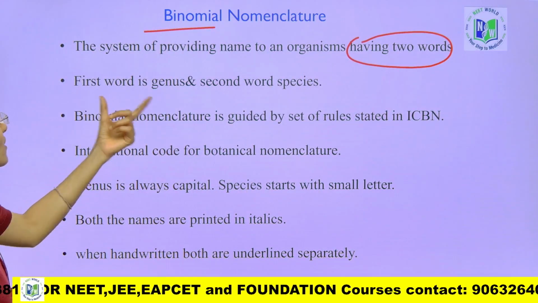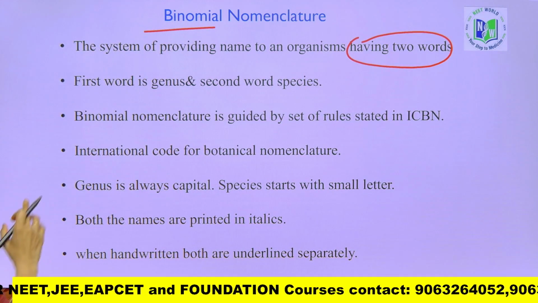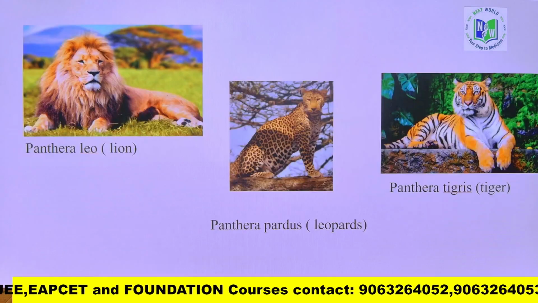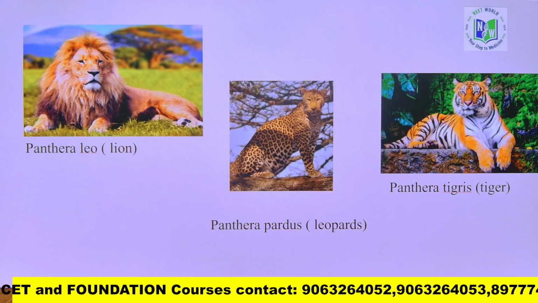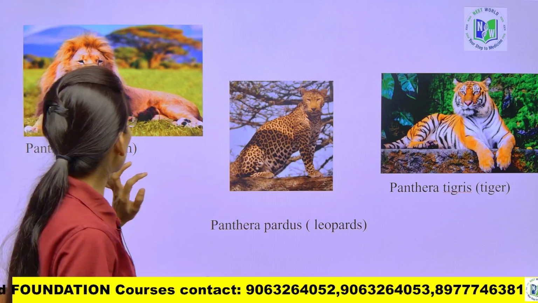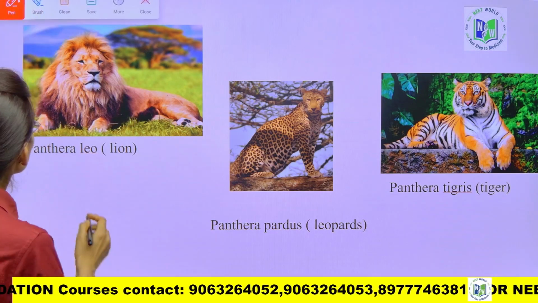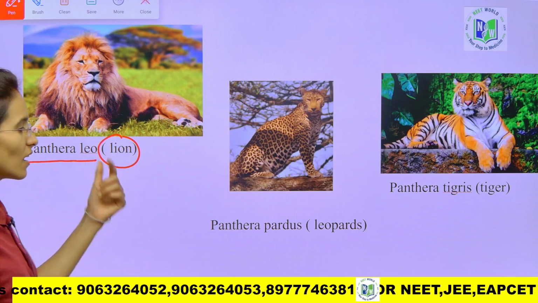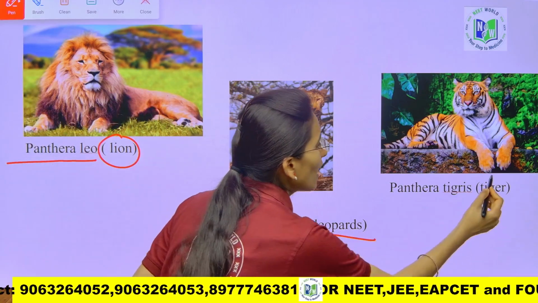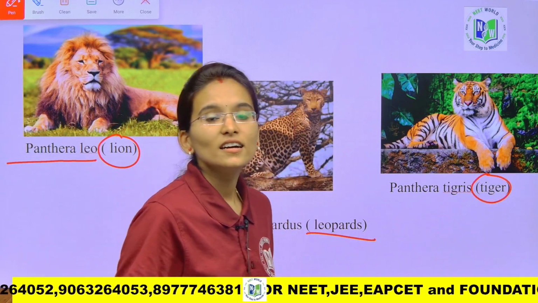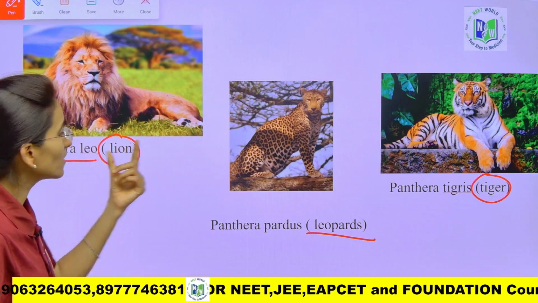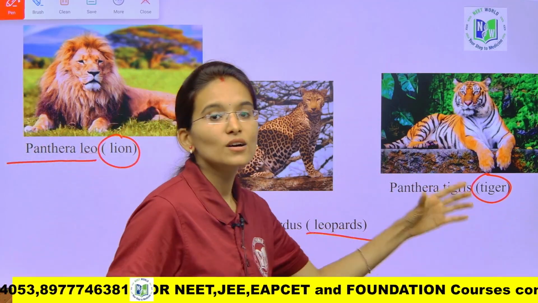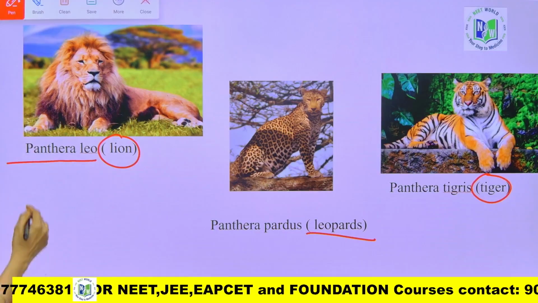Now we will understand this, students. See, my dear students: Panthera leo. Here we have the lion, leopard and tiger. Clear with this? Here are the scientific names.